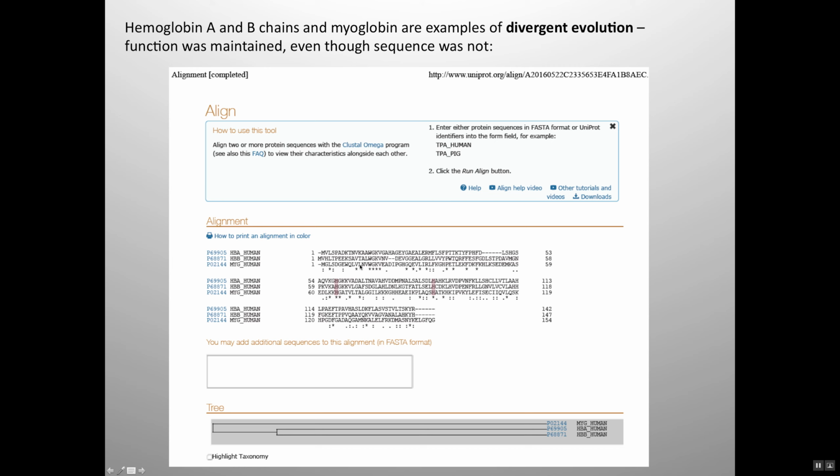And you can see that there are differences between the amino acid sequences. Not surprisingly, there's more similarity between hemoglobin A and hemoglobin B, but there are still significant differences. And myoglobin is very, very different in sequence from hemoglobin. The thing you should notice is that in all cases, these histidines, the proximal and distal histidines, are conserved.